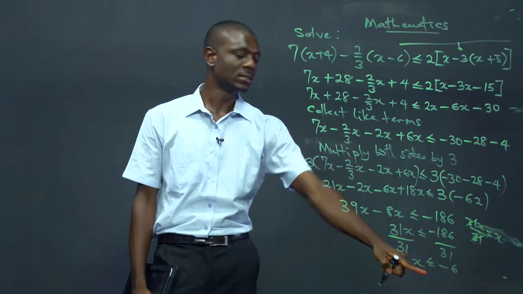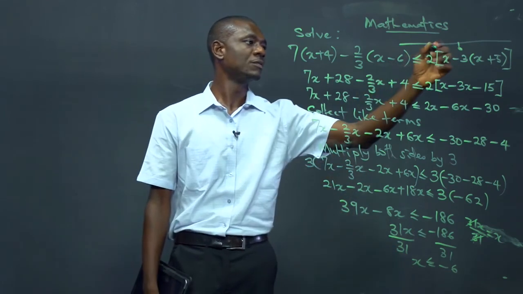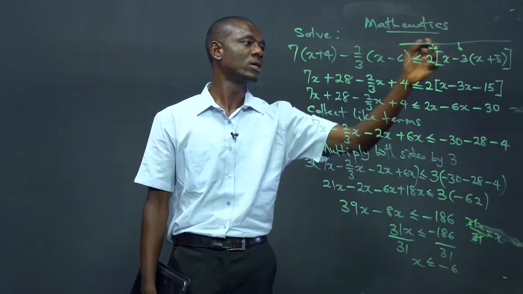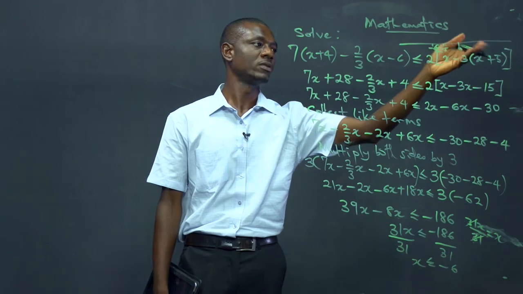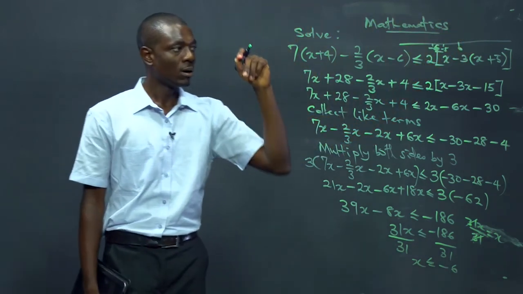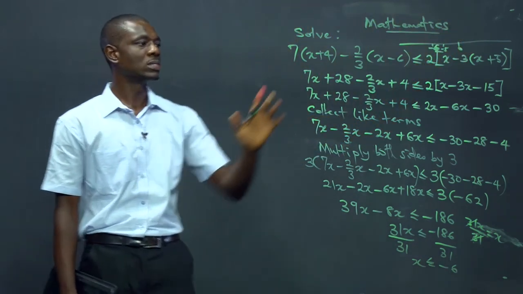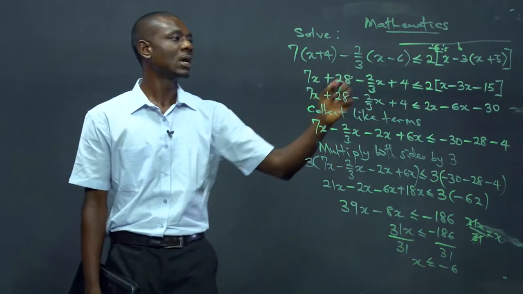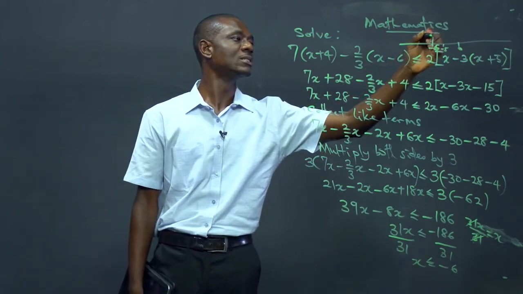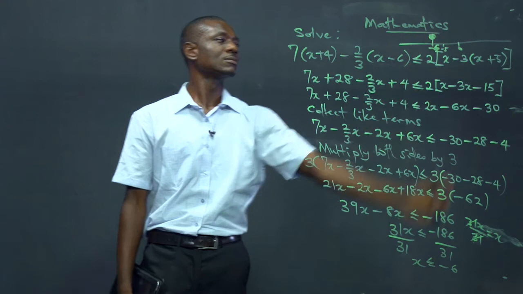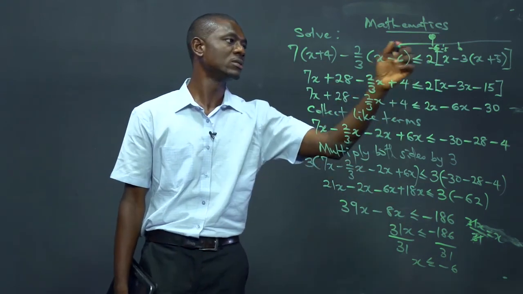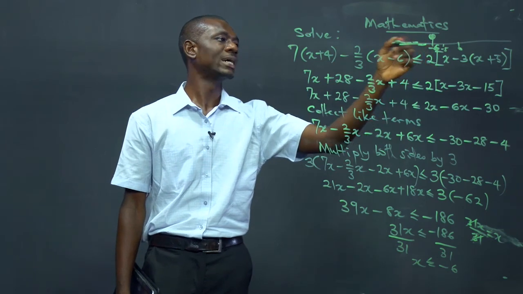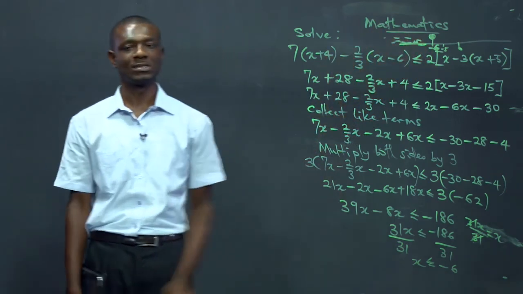This is 0. What this answer is telling you is that if you have your minus 6 somewhere here, minus 5, minus 4, minus 3 until you get to 0, the values that will satisfy this inequality can never exceed this place. So the only values that will satisfy this inequality are the values to this side of your number line. That's what it's telling you.